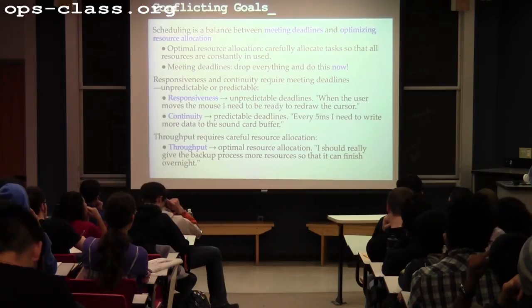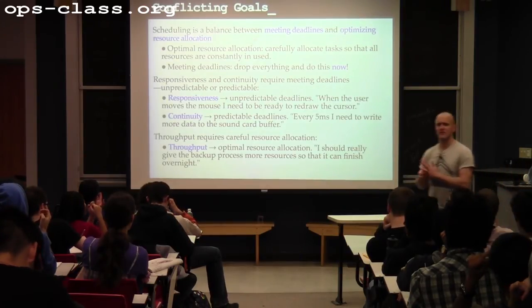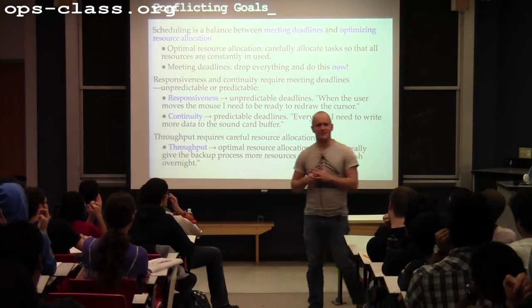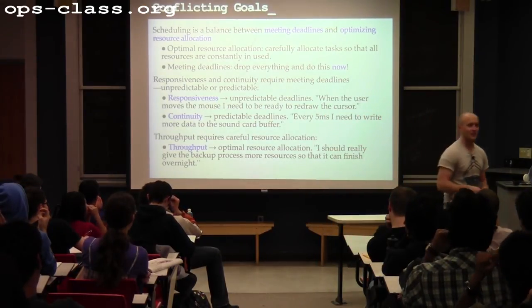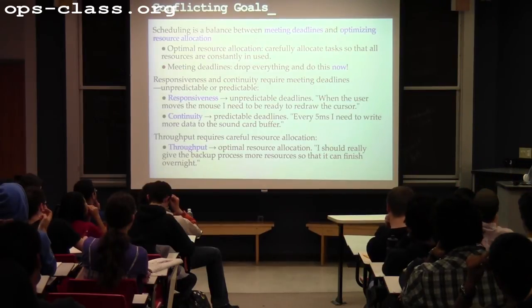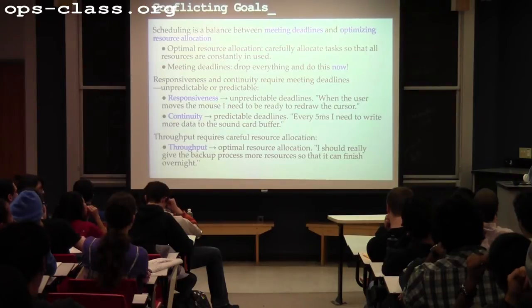What was the famous quote from the Supreme Court Justice about illicit content? He said, I know it when I see it, right? That's kind of like interactivity. You know when the system's not responsive, but it's not necessarily easy to measure.